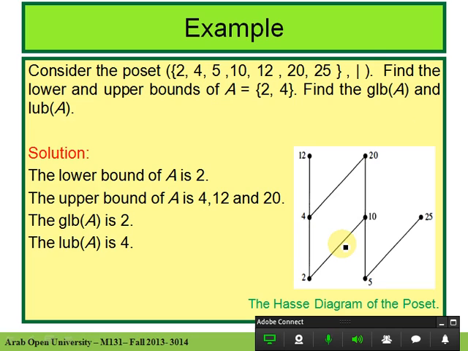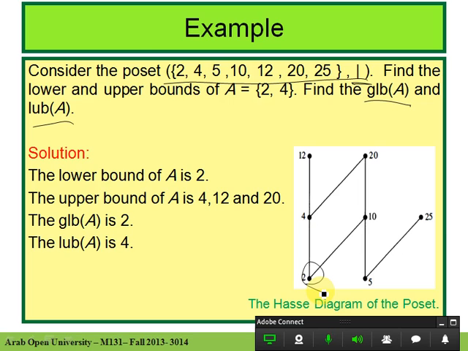Now take the same example, the poset on divisibility, and find the lower and upper bounds and also the greatest lower bound and the least upper bound. Here the lower bound is 2, which is the minimal one, and the upper bounds are 4, 12 and 20.